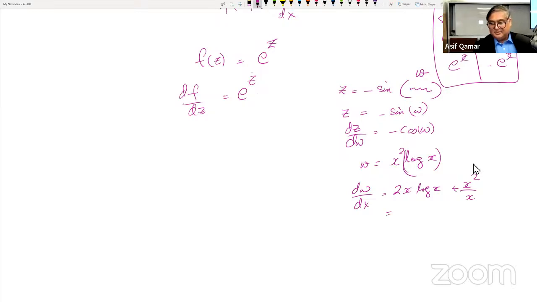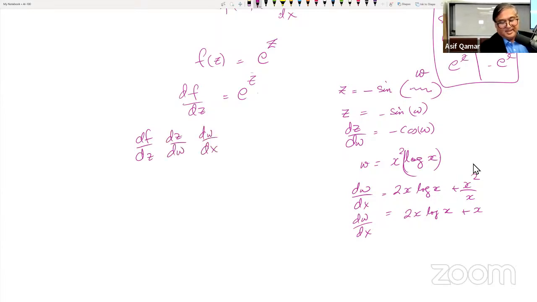And so we come to the conclusion that dw/dx is 2x log x plus x, isn't it? And here's the fun part. So let's multiply all of these things together: df/dz, dz/dw, dw/dx. It turns out that that will give you the original thing that you were seeking.